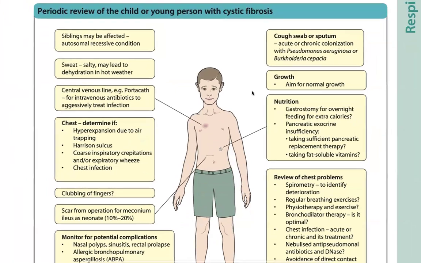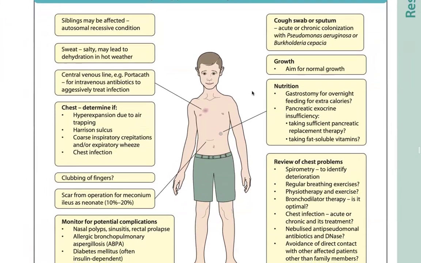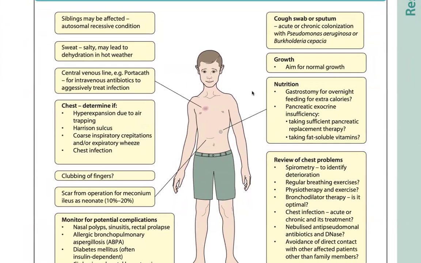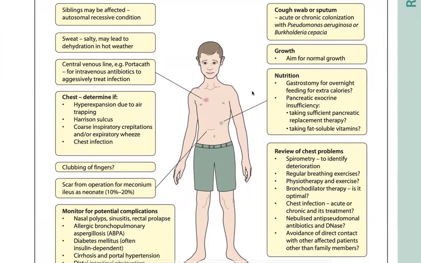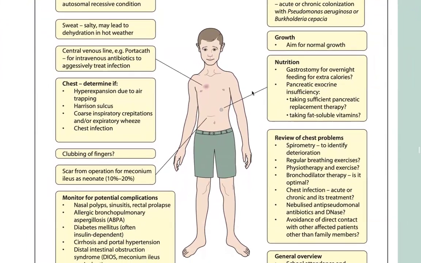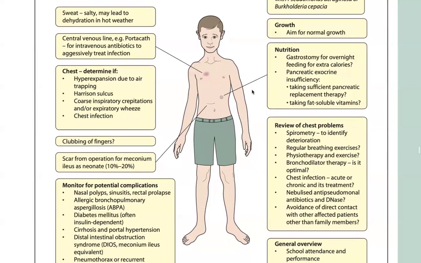Siblings may be affected as it is a recessive condition. Sweat is salty, which may lead to dehydration in hot weather. A central venous line or PICC line is used for intravenous antibiotics to aggressively treat infection. Chest: look for hyperexpansion due to air trapping, Harrison's sulci, crackles and wheeze from chest infection, and clubbing of fingers.